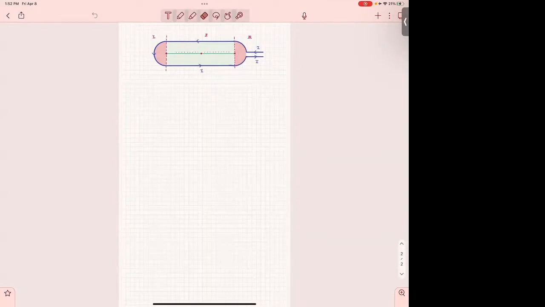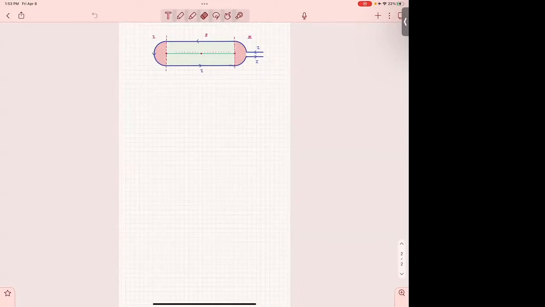So you use the formula for the circle, but it's half. You use the formula for these 2 parallel wires that we found. You use the formula for another half circle. And then from these 2 you find this point.